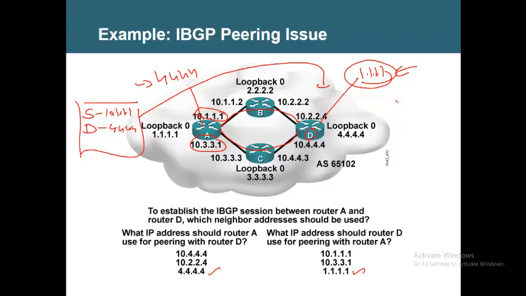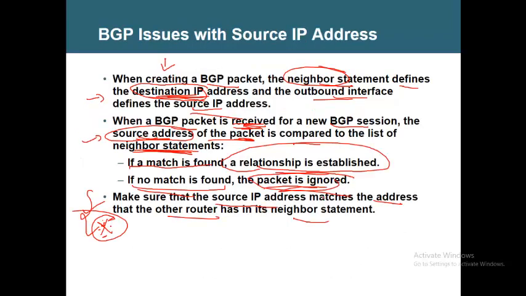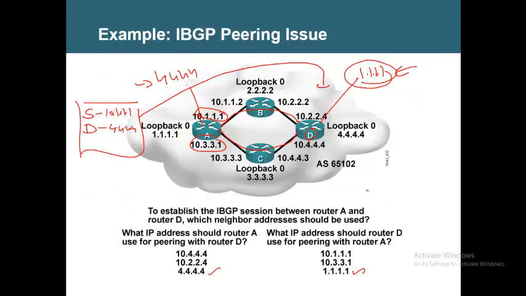No. If no, what will happen? The packet is going to be ignored. So what is the option? The option is you need to tell router A not to use this or this as a source, but to use this.